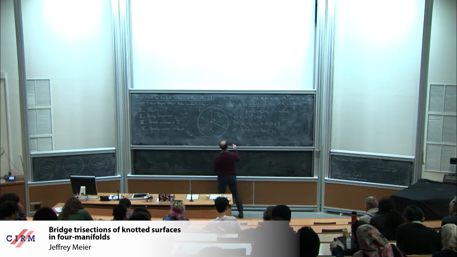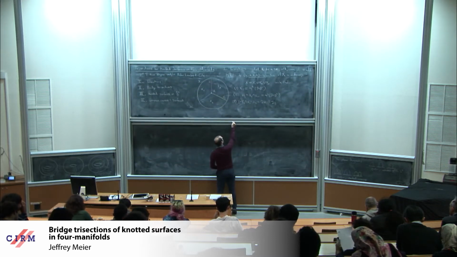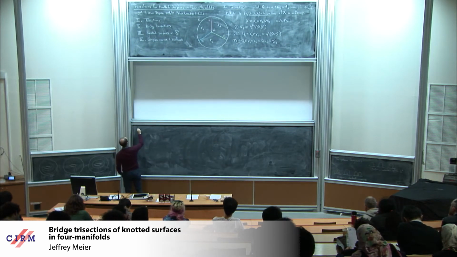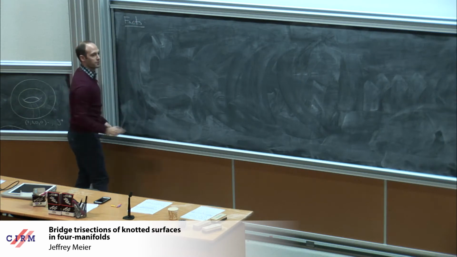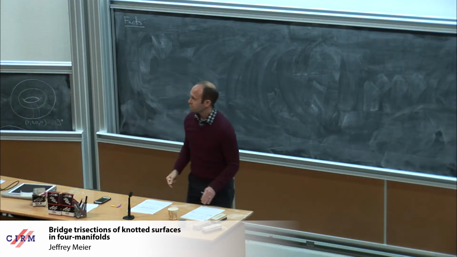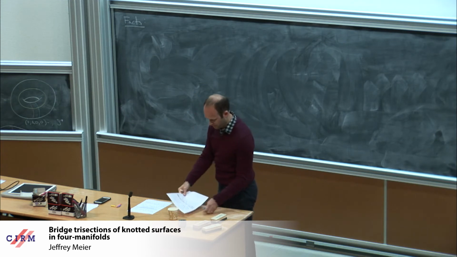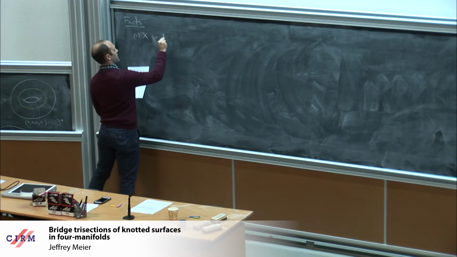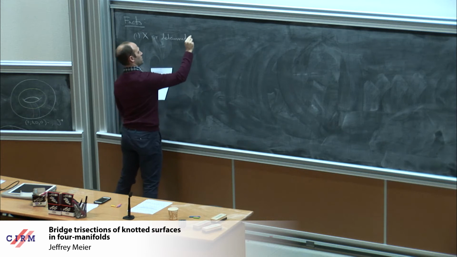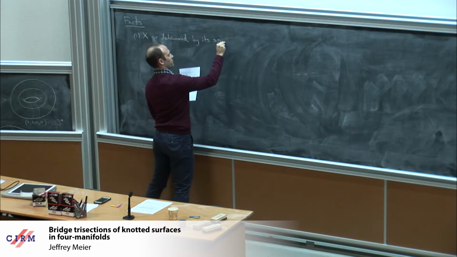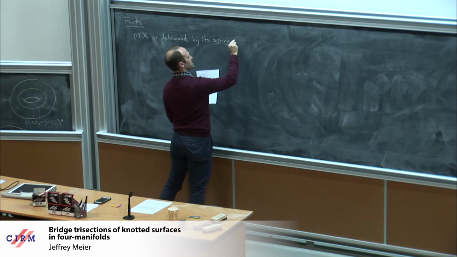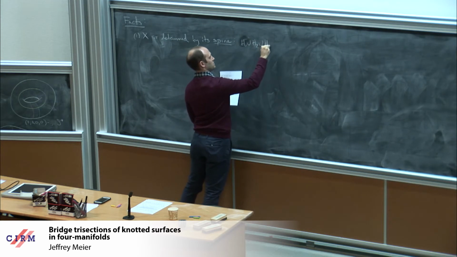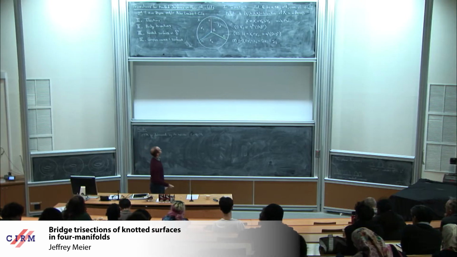So maybe the first remark I'll make, we'll have some facts, and then we'll have some theorems, and then we'll have some questions and conjectures. Okay, so the first relevant fact is that X is determined by its spine, which is the union of the handlebodies.